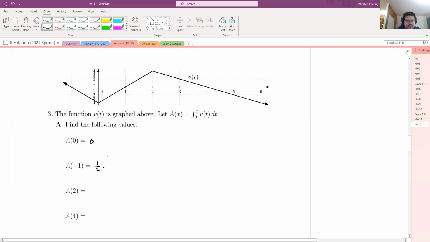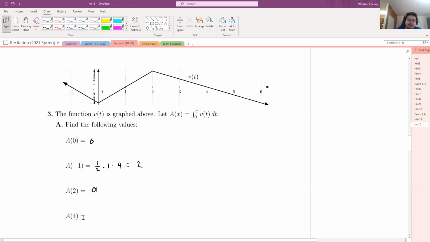So this is just 1/2 times base times height. So you end up with 2. Okay. For A of 2, that would be an integral from 0 to 2. This triangle here and that triangle there are going to cancel each other perfectly. So you end up with 0 for that.